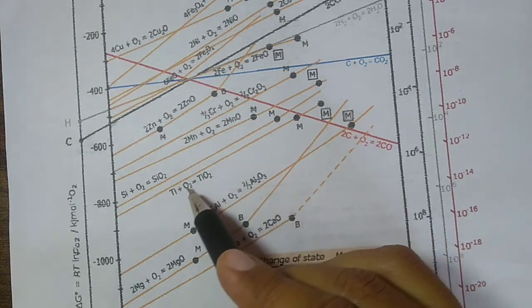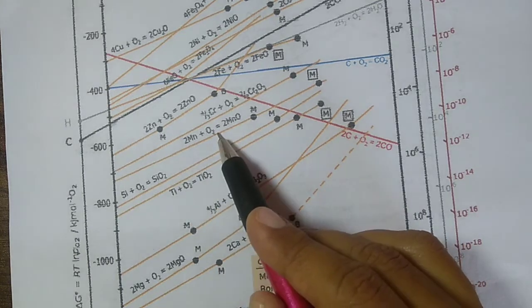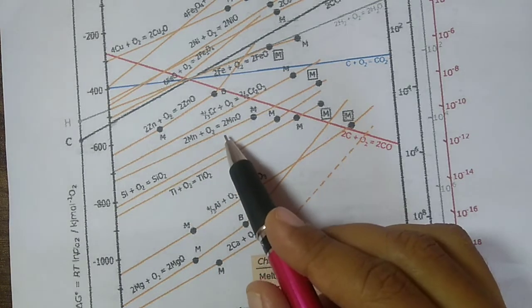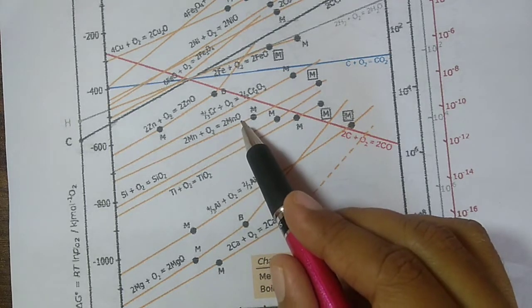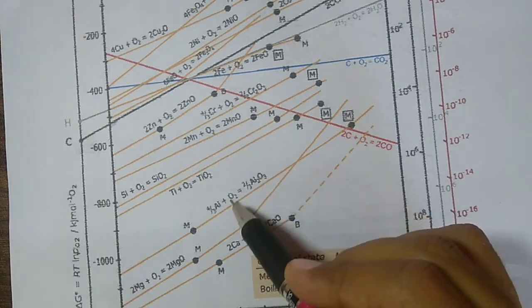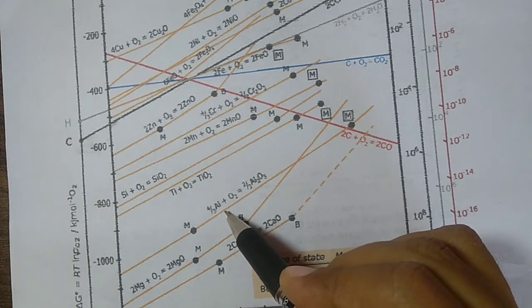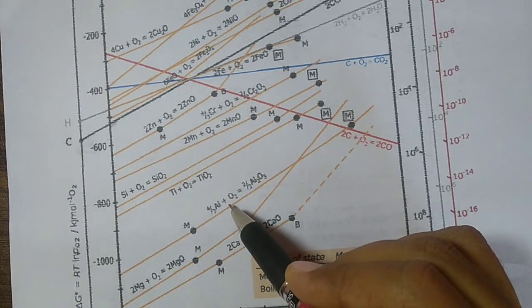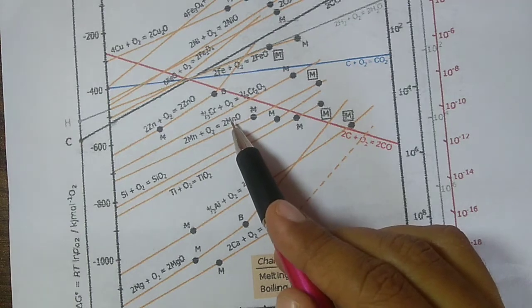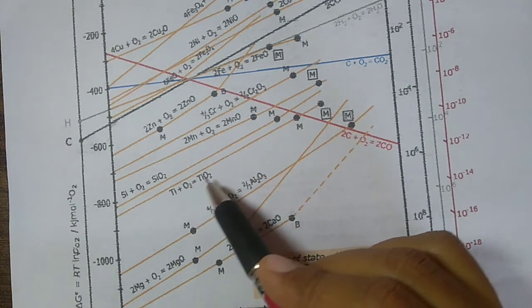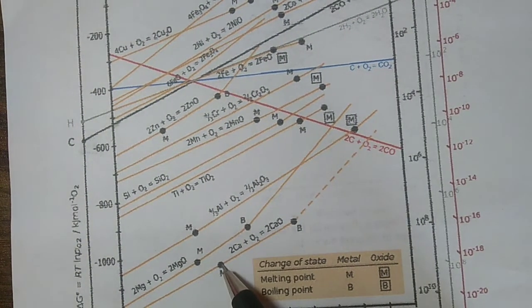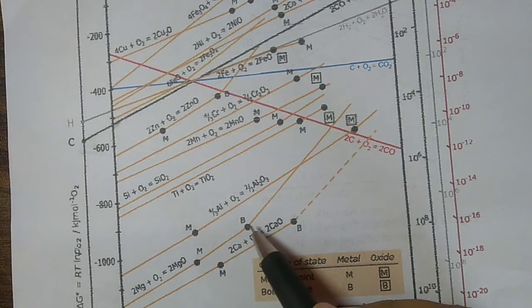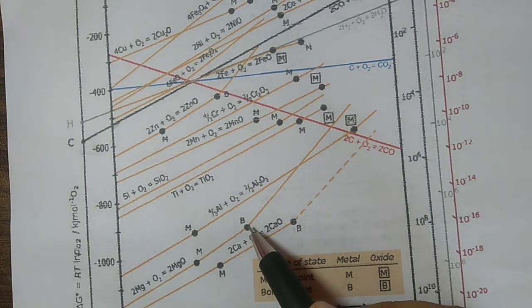But this TiO2 can also reduce this manganese, but the difference between these two lines is less than these two lines, and aluminium is a more efficient reducing agent for this manganese oxide than titanium. Okay, understand?